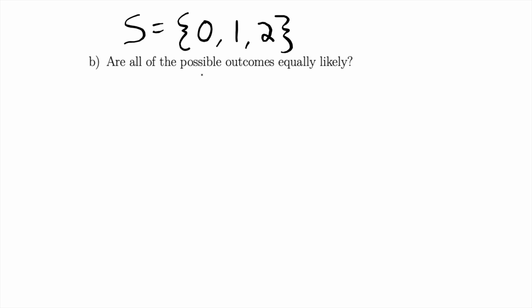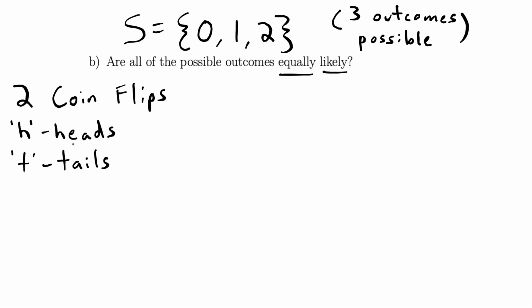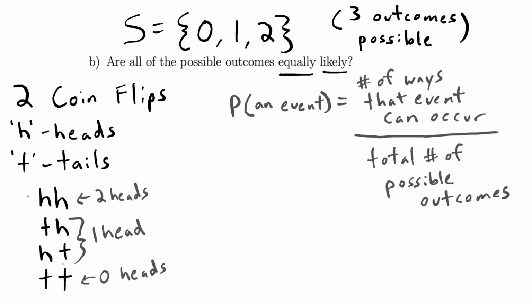In part B, we're asked, are these possible outcomes, the 0, 1, and 2, are they equally likely? And to answer this question, you have to think for a second about what's possible if you were keeping track of each individual flip. These are all the ways that you could flip 2 coins.